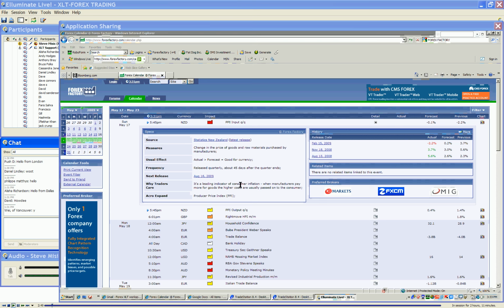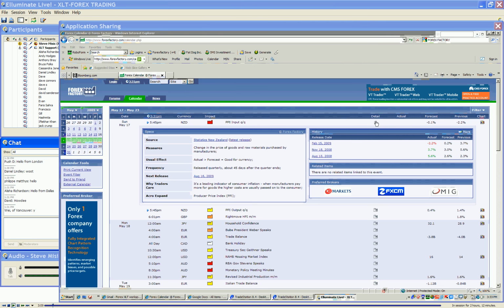So this is a number that everybody watches as the leading indicator of consumer inflation. When manufacturers pay more for goods, the higher costs are passed on to the consumer. So this is Producer Price Index in New Zealand, and it's very important to watch any of these reports if you plan on trading these currencies.